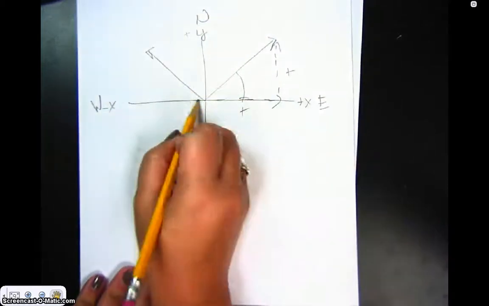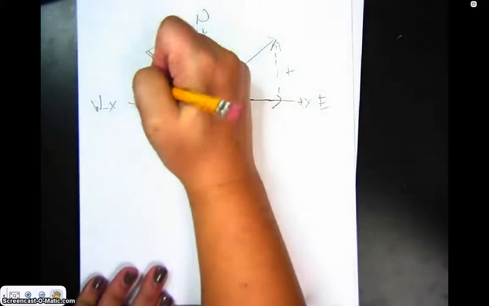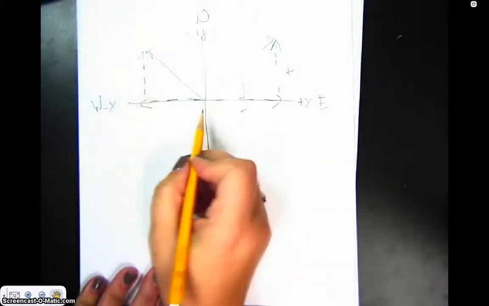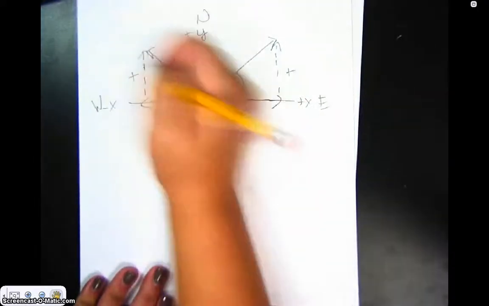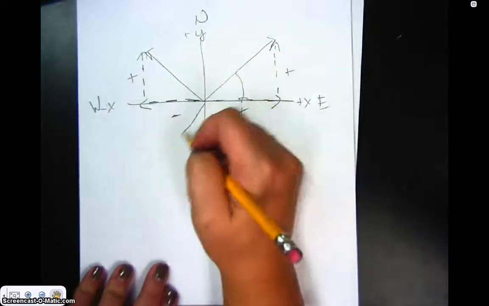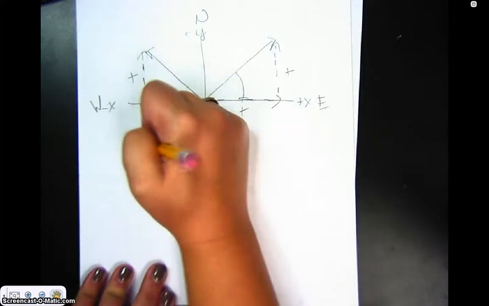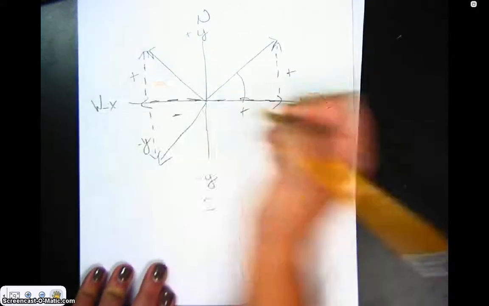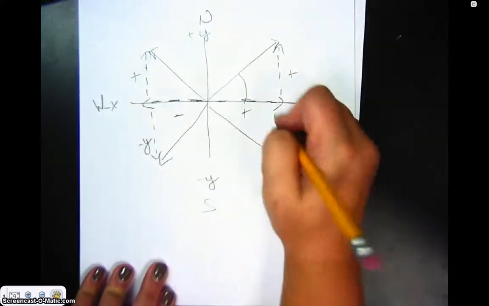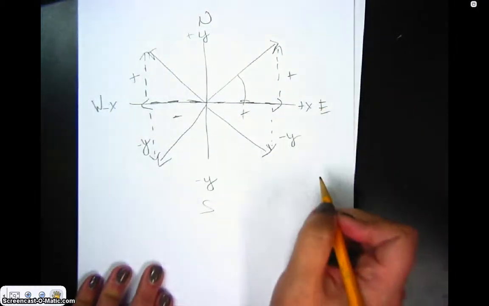But if we look at our components, you can see that they have a direction. They are arrows, just like the vectors are arrows. And we can see that in this instance, my y component is positive, my x is actually negative. Right? Likewise, if I'm down here, now I'm going to have a negative x, and I would also have a negative y. Or if I'm over here, I would have a negative y, but a positive x.